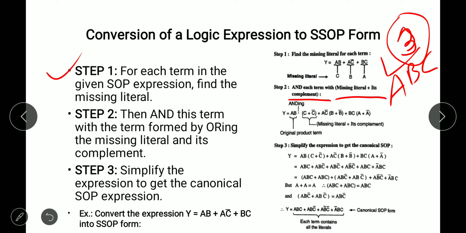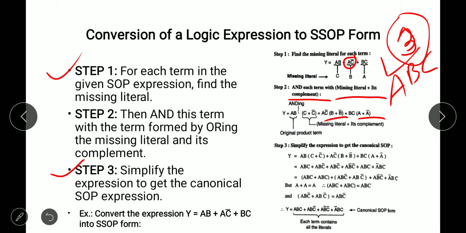AND shows a dot, and c is missing, so dot c plus c bar, where c bar is its complement. Then AC bar is as it is, the missing literal is b, so dot b plus b bar. Then for BC, a is missing, so a plus a bar. So step 2 is nothing but ANDing each term with the missing literal plus its complement.